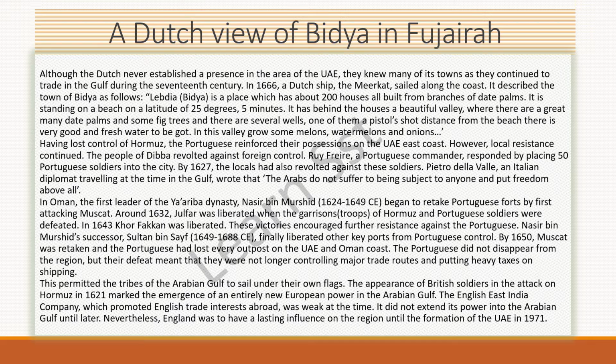The East India Company was formed in the year 1600 in London, and it was hardly 20 years when we are talking about 1621. So hardly 21 years after they were formed, they were not strong enough.